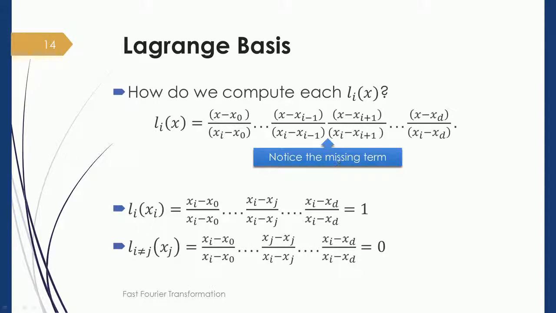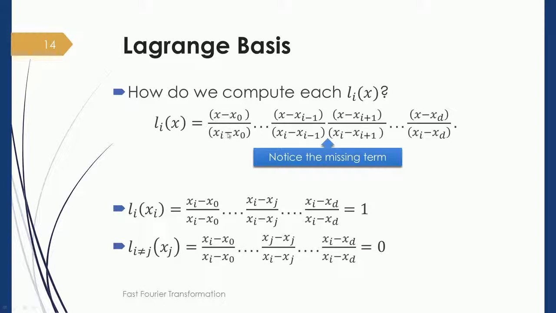However, when x equals x sub i, we do not have the corresponding x minus x sub i multiplicative term. So, now the right hand side will not be zeroed out. Instead, in each of these fractional terms, the numerator and the denominator will evaluate to the same value.